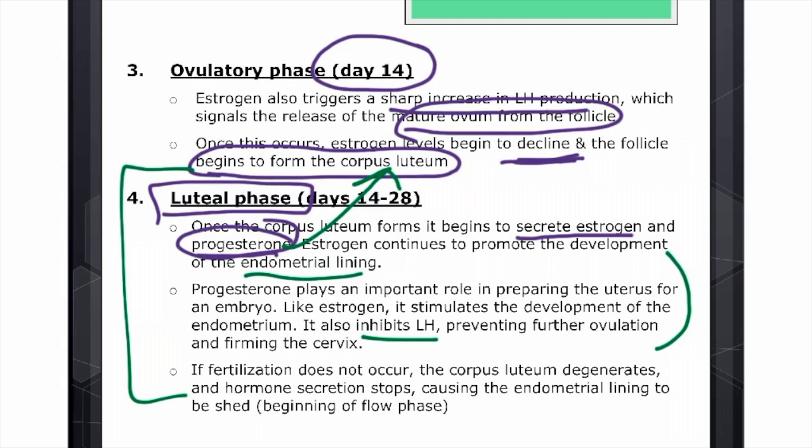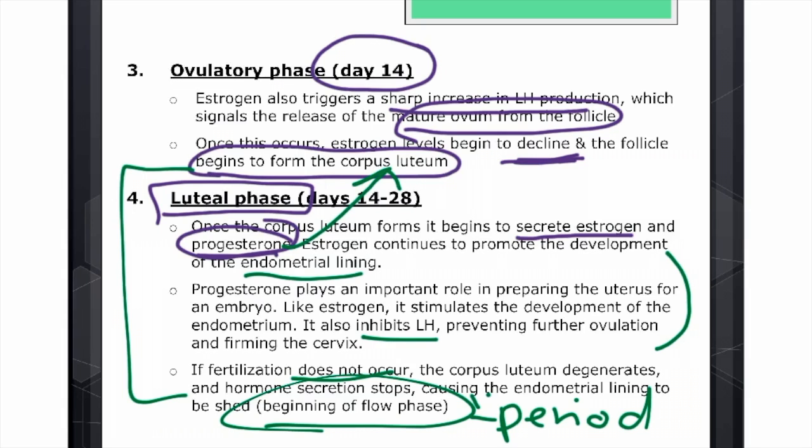If fertilization does not occur, the corpus luteum degenerates and the hormone secretion stops, causing the endometrial lining to be shed, which is going to bring us back to the beginning of this 28-day cycle. And this is where the female will start their period again.